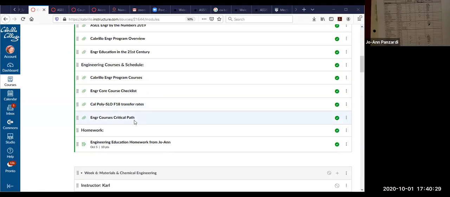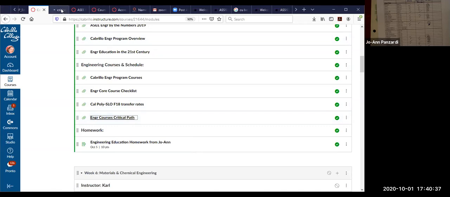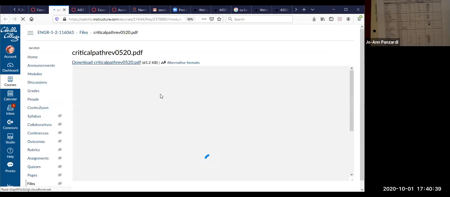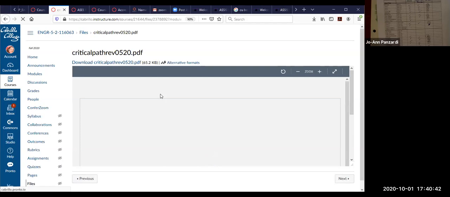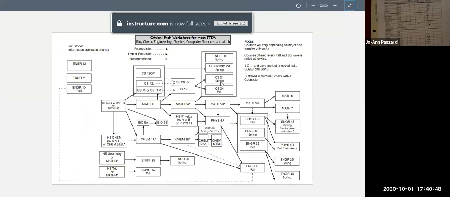The next thing on here is, oh, I want to show you about Cal Poly, but this is a critical path. And let me just open it for you. It is a flow chart. It shows you what courses you take in order.